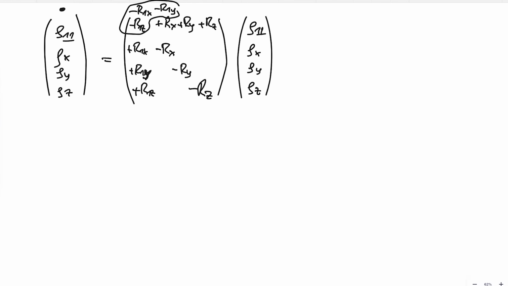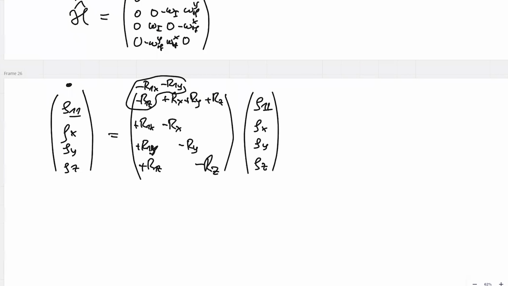We have this now, but these 2 equations can be combined. And we can also say that minus Rx equals minus Ry, and that is usually written as minus 1 over T2, and minus Rz is written minus 1 over T1.